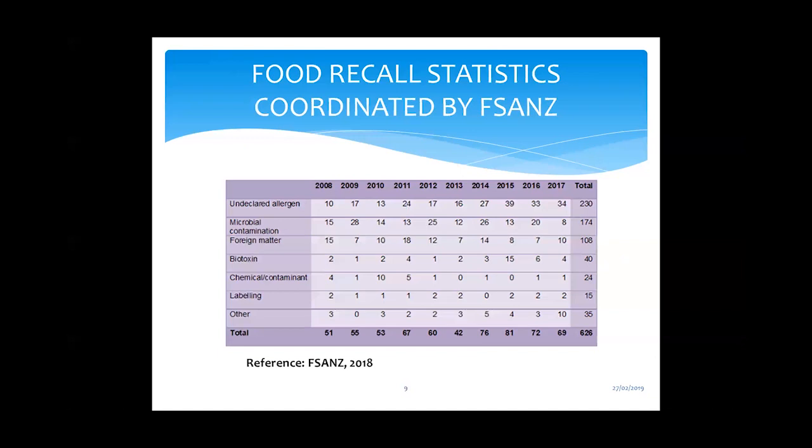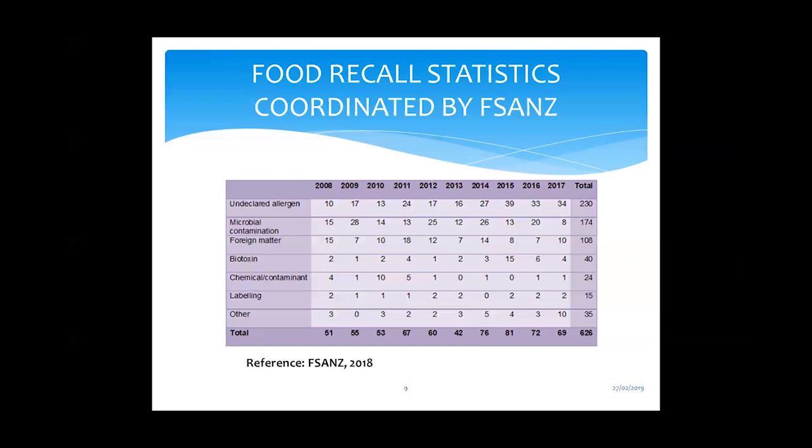As we can see, the food recall statistics were published by FSANZ in March last year. As we see from the table, from 1st January 2008 to 31st December 2017, there were 626 food recalls identified.